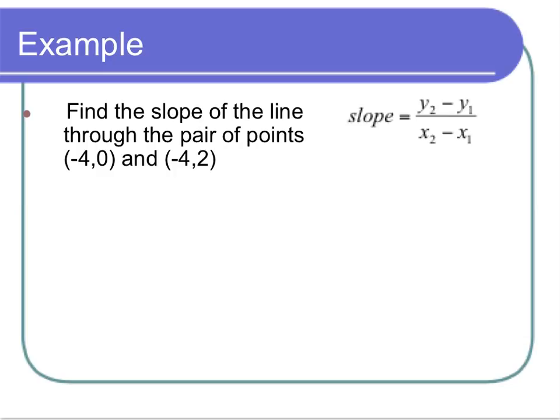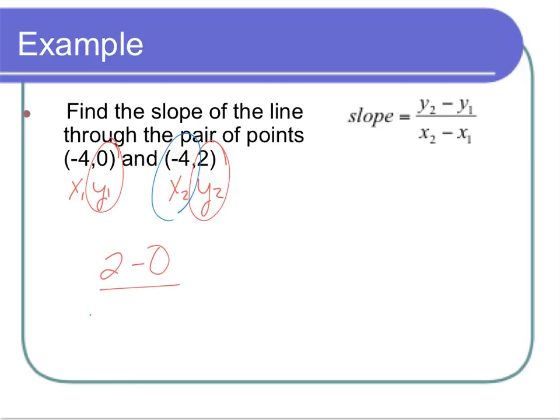Here's another example. Again, it doesn't matter which one is x sub 1, y sub 1, as long as that point holds the sub 1's for both of them. My formula is y sub 2. Careful here because I've kind of changed these around. 2 minus y sub 1 over x sub 2 minus x sub 1.